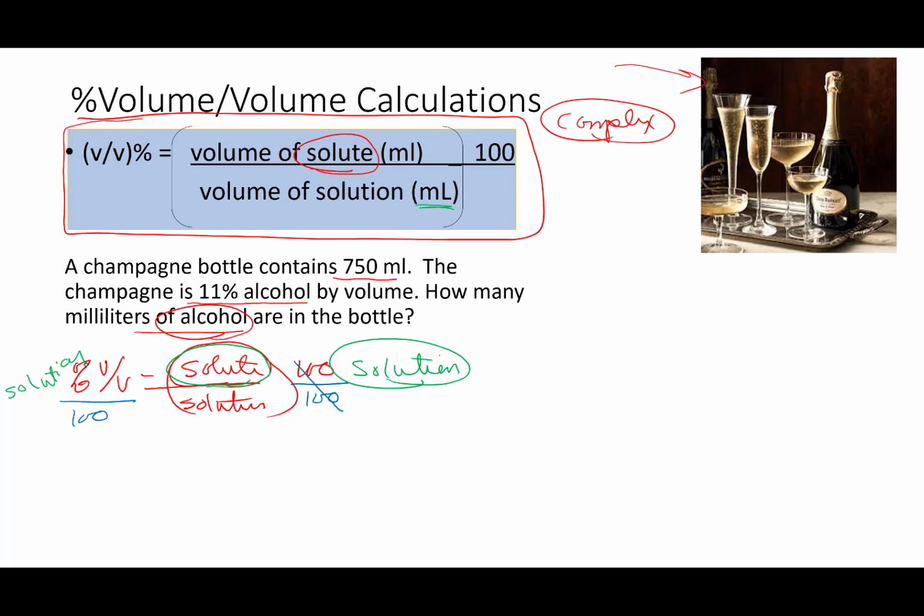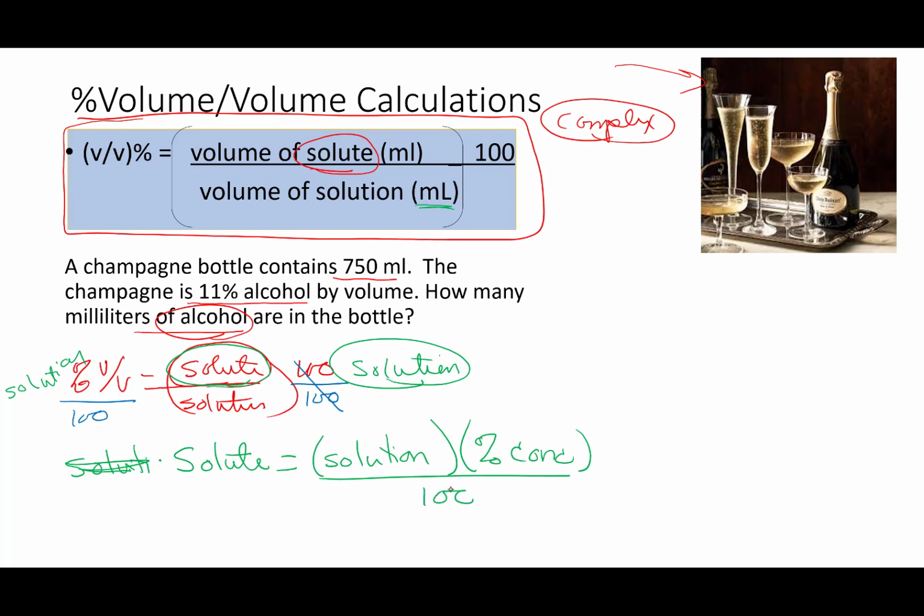So let me pretty this up because right now it's kind of messy looking. The amount of solute I'm going to end up with is going to be equal to the amount of solution I have times my percent concentration divided by 100.